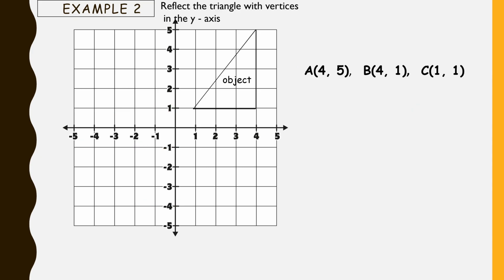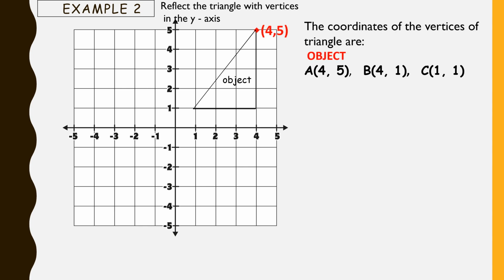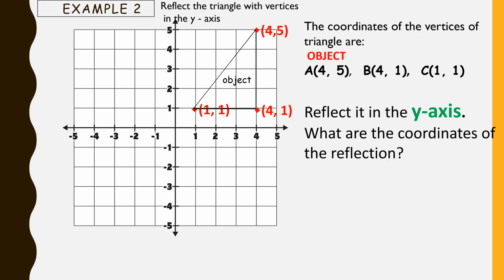Example 2. Reflect the triangle with vertices in the y-axis. So the first thing you need to do is to write out the coordinates of the vertices of the triangle. Okay? The first point is 4, 5, 4, 1, and 1, 1. Now remember the rules. When you're reflecting across the y-axis, the y coordinate remains the same while you multiply the x coordinate by -1.